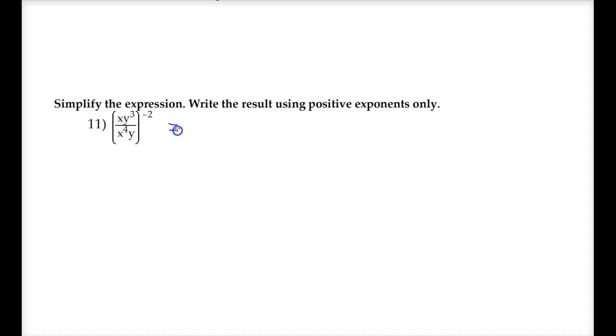So in dealing with that, I know that I have x over x to the fourth times y cubed over y, all that raised to the negative 2, okay? So here I know that x divided by x raised to the fourth means I have 1x on top in the numerator, 4 x's multiplied by each other in the denominator.